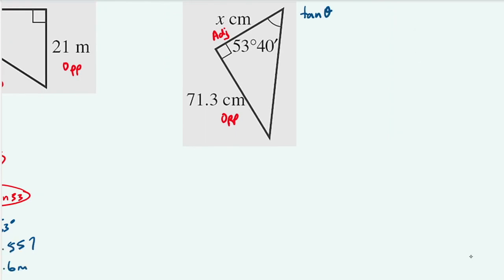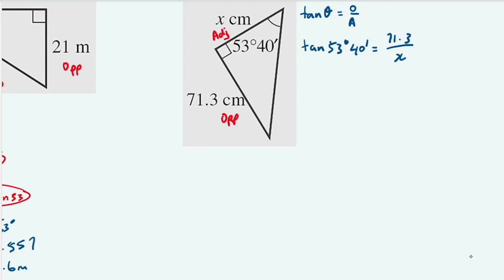Tan theta equals O over A. Substitute what we know. 53 degrees 40 minutes equals 71.3 over x. And like I said, it's just going to swap places. That's all it's going to do.